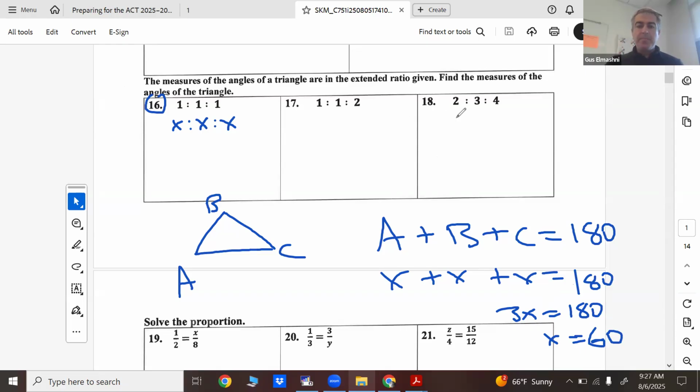You do the same thing for number 18. 2x, 3x, 4x. Why am I doing that?